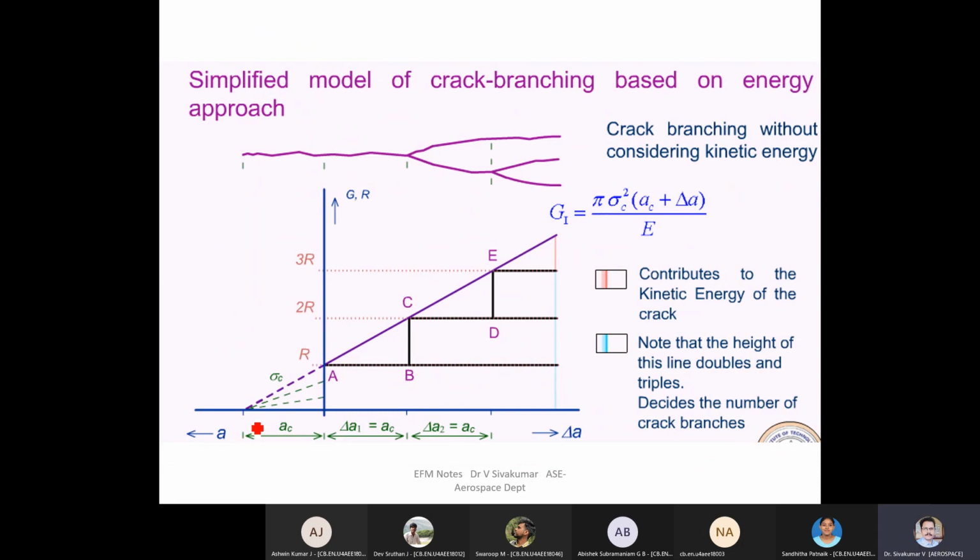You can see here, this is the crack length a, then the critical length a_c. So I will have different loads. One particular load which touches the R is the critical sigma_c.